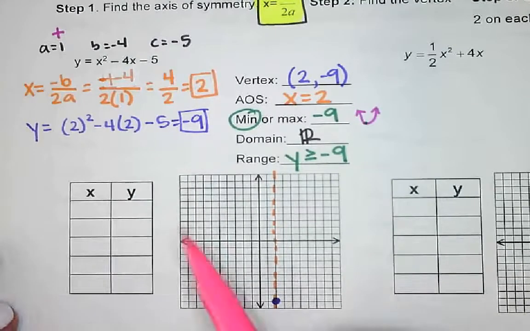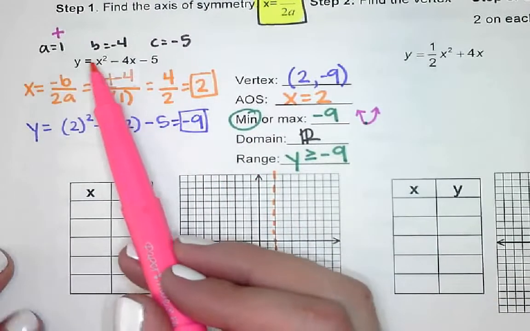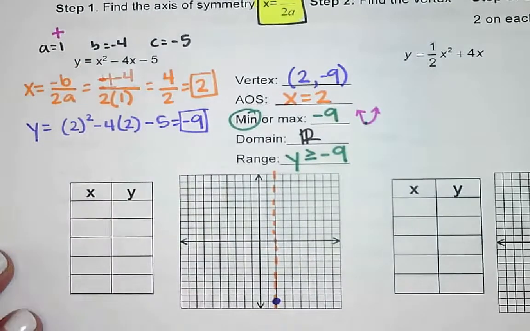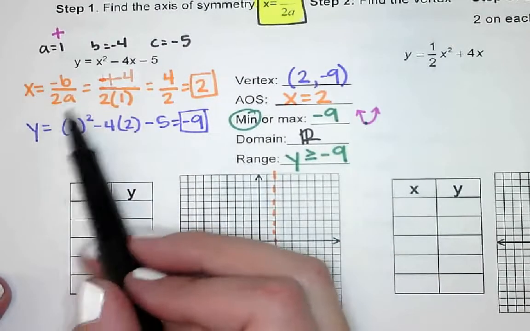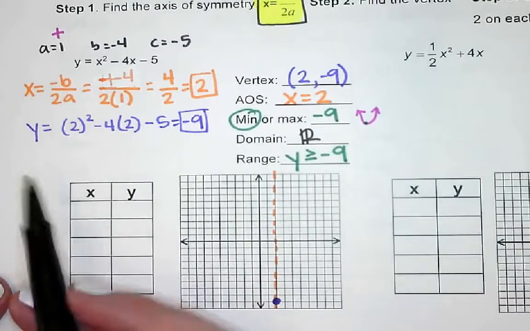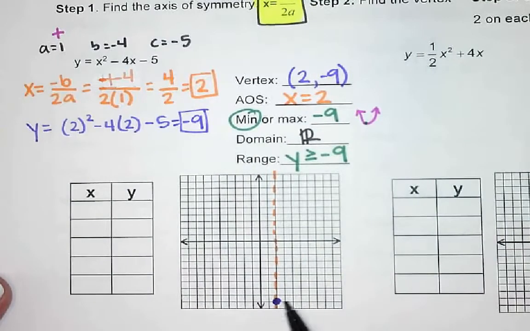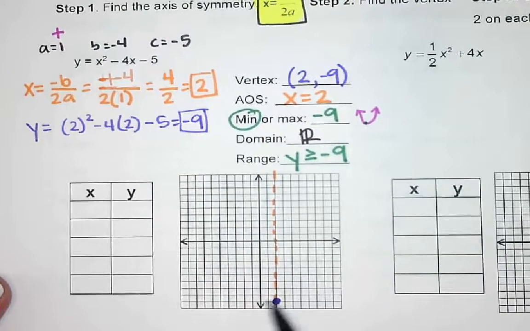So guys, what we can do is plug in another random point to see where it gets graphed. So for example, it says graph 4 more points. So I'm going to plug in 1 more point that's very close to my vertex.